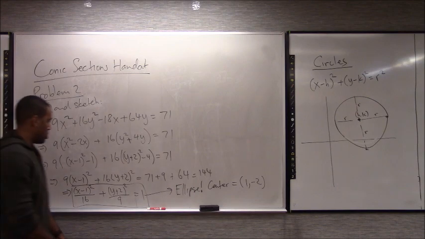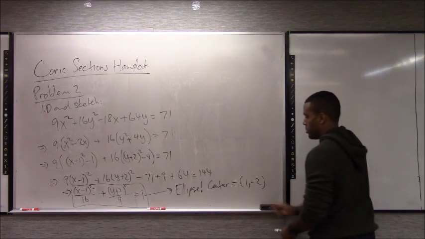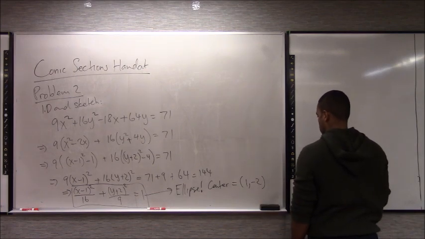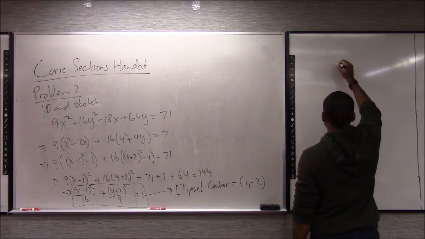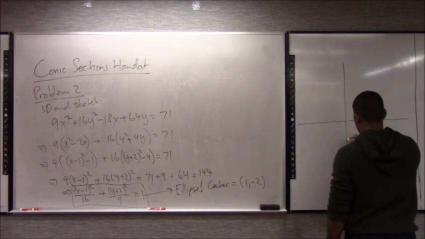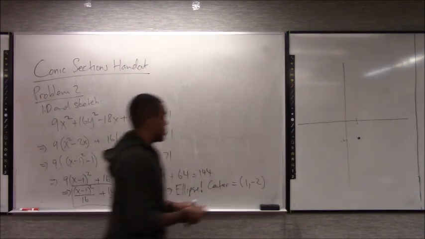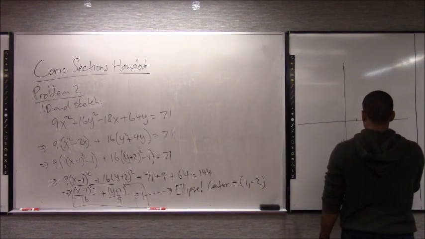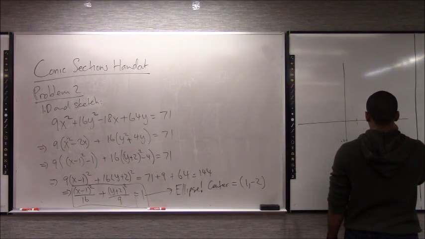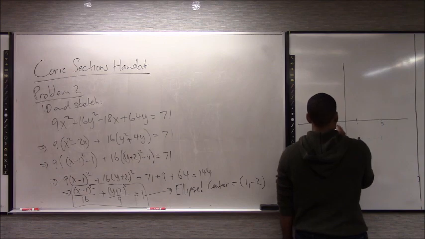Now we are going to sketch it. How did you sketch? We did the center first at 1, negative 2. Then the distance you move on the x-axis is 4, and on the y it is 3. On the x, you move 4 units left and right, so that brings you to 5 and to minus 3.